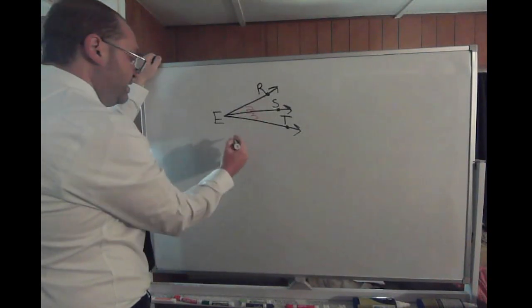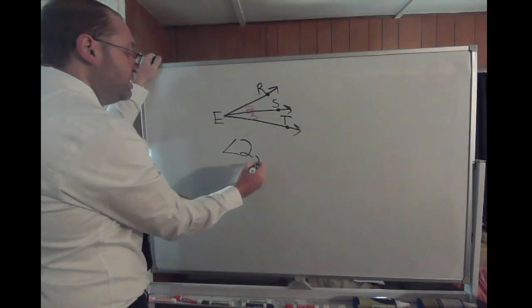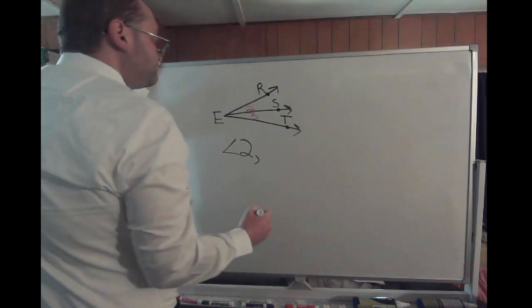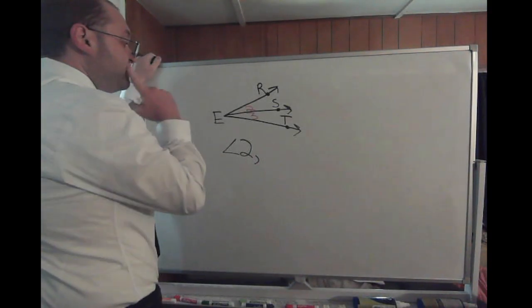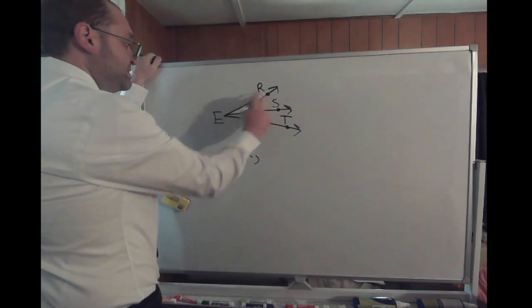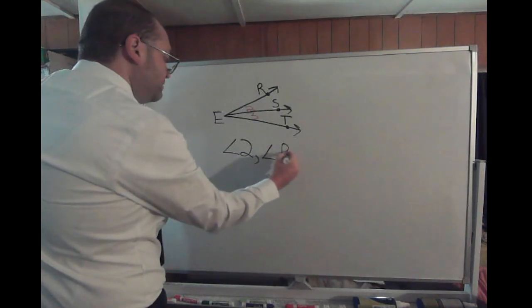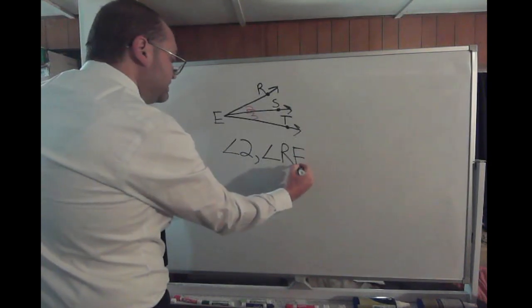We have angle 2 right here. You can refer to it as angle 2. If you're trying to refer to angle RES, you can refer to it as angle 2, or you can refer to it as angle RES.